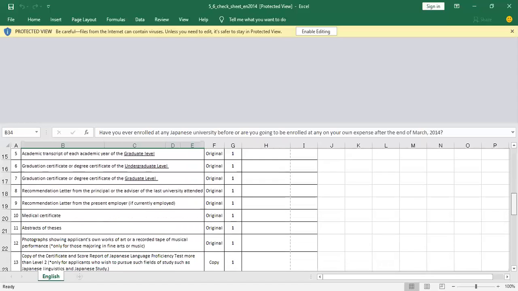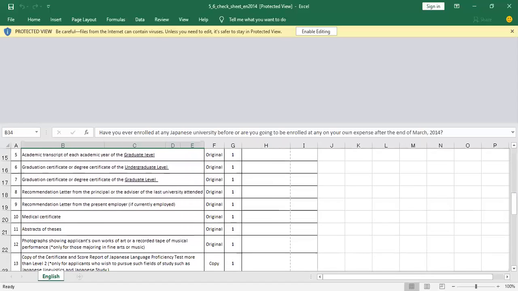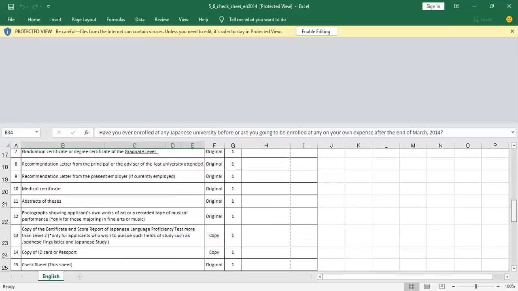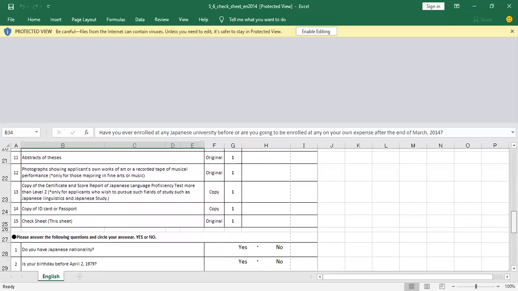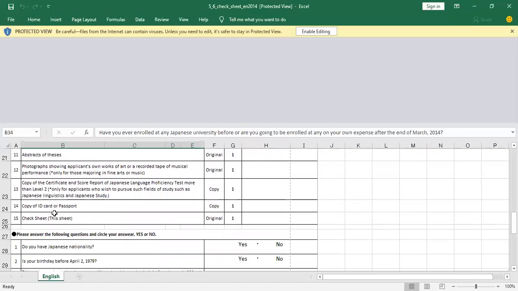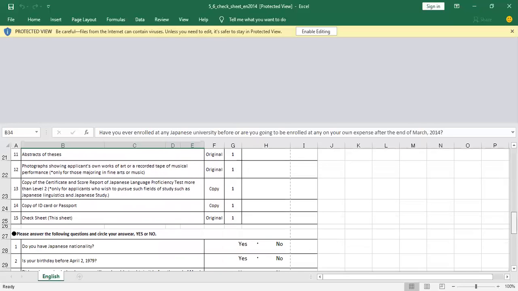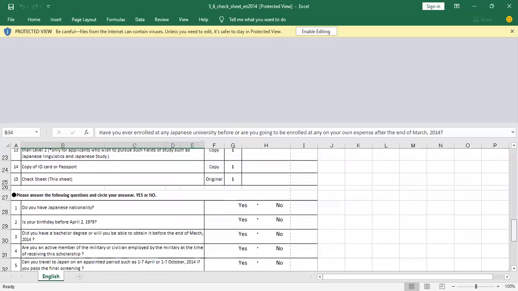I would like to mention that there are different things like a recommendation letter and a medical certificate. An abstract of thesis for people who, of course, apply for PhD or research. A copy of passport, a copy of ID. Check the sheet, like sign here and your signature.